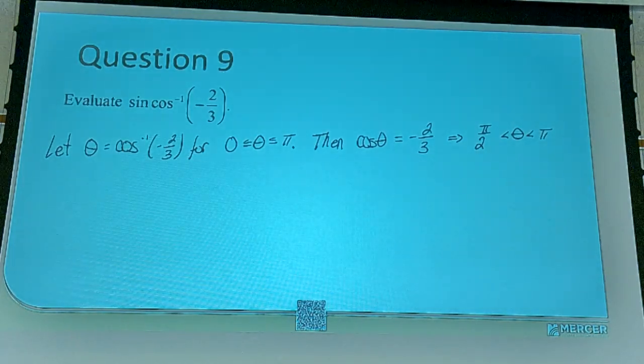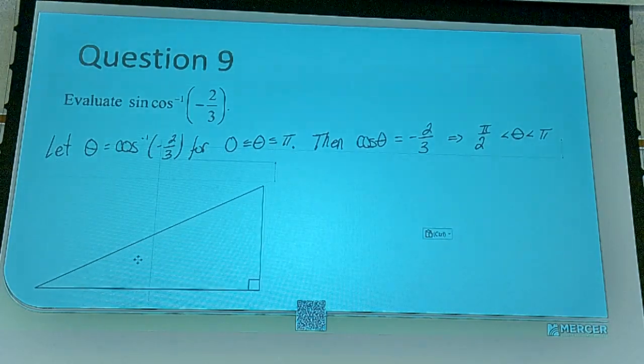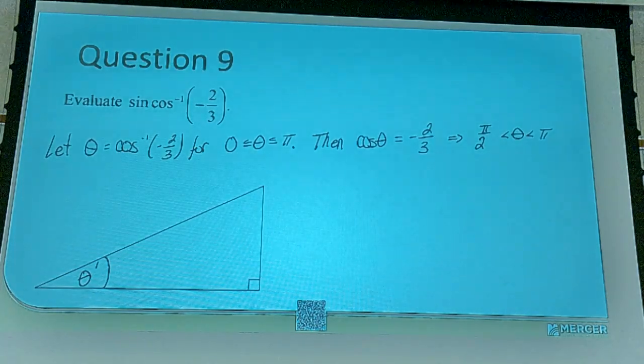But I'll use the reference angle instead. Call it theta prime, which would mean cosine theta prime is positive 2/3.